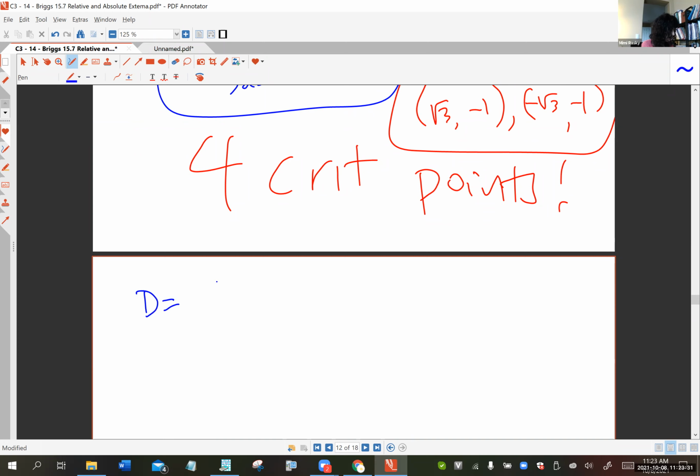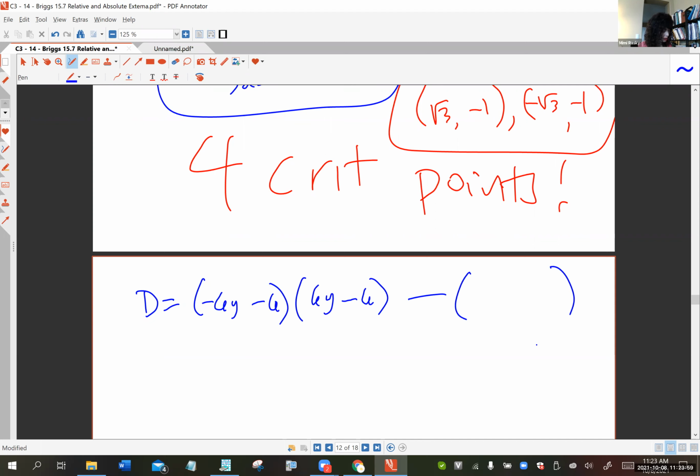D is fxx, which is going to be what? And I'm going to do this kind of quick here. I got negative 6y minus 6. And then you're going to multiply that by fyy, which I get 6y minus 6. Wow, that's interesting. And then minus fxy squared.